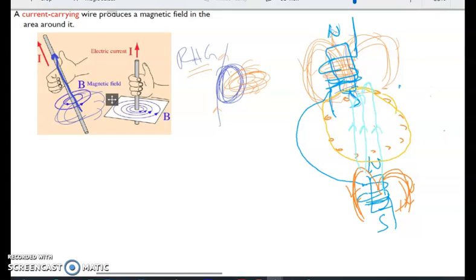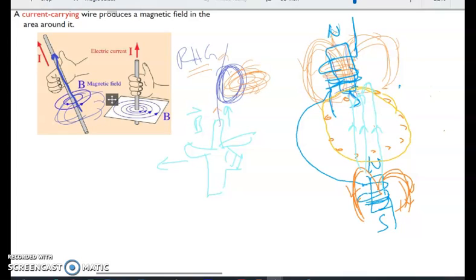So if you use your right hand like this, your thumb is moving to the left. This is your field B moving upwards.